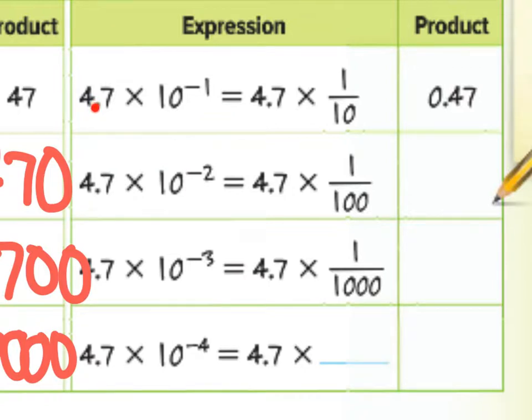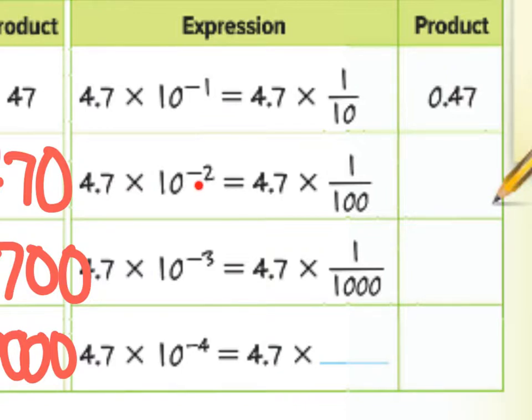Because we're multiplying it by a fraction. Whenever you multiply a number by a fraction, it becomes a fraction of that number. So if we're multiplying 4.7 times 1/10, this value is going to move to the 1/10. So it becomes 0.47.